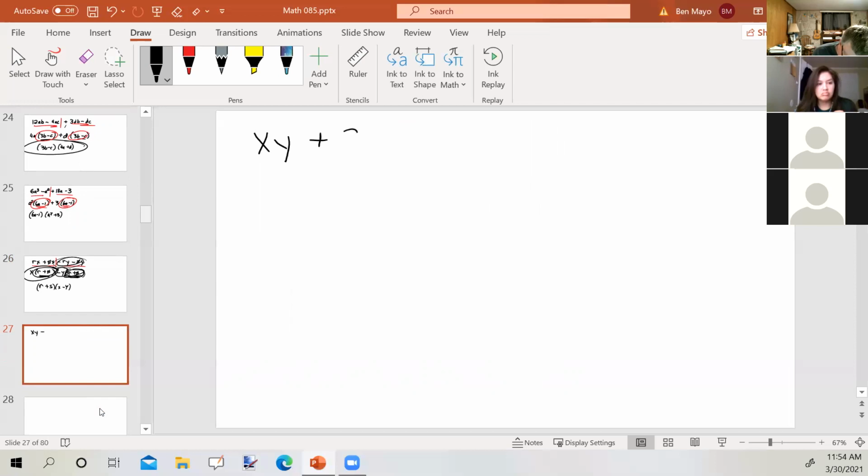Let's see here. xy plus 3y squared plus x plus 3y. 4 terms. There is no greatest common factor for all 4 terms except 1. Let's split it up into 2 groups of 2.